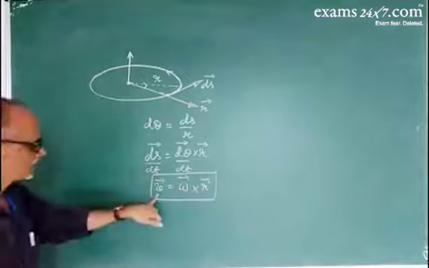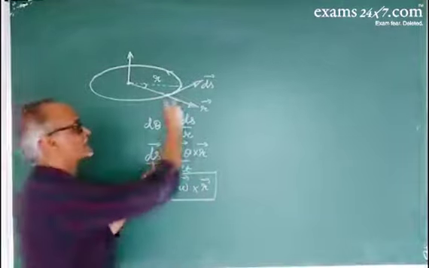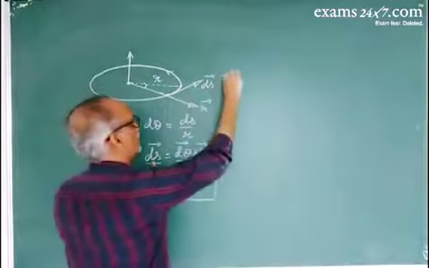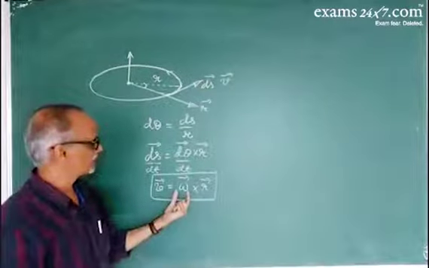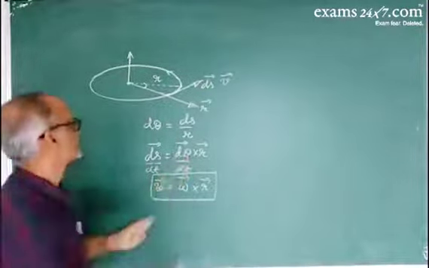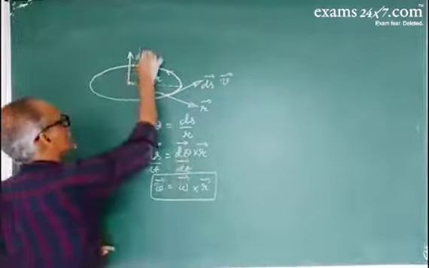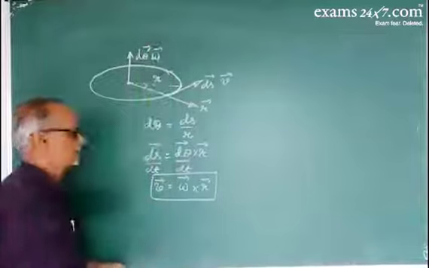The direction of the linear velocity is same as the direction of the displacement, which is along the tangent. Direction of the angular velocity is same as the direction of the angular displacement, which is along the axis. So this is the direction of d theta as well as the direction of omega.